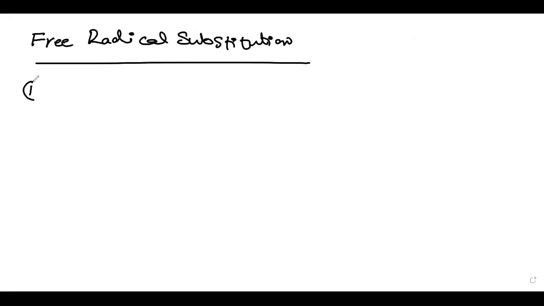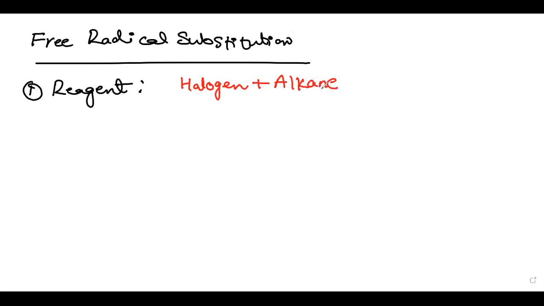First of all, you talk about the reagent used. You say it is a halogen plus alkane, and the halogen which is used is either Cl2 plus CH4, Br2 plus C2H6.